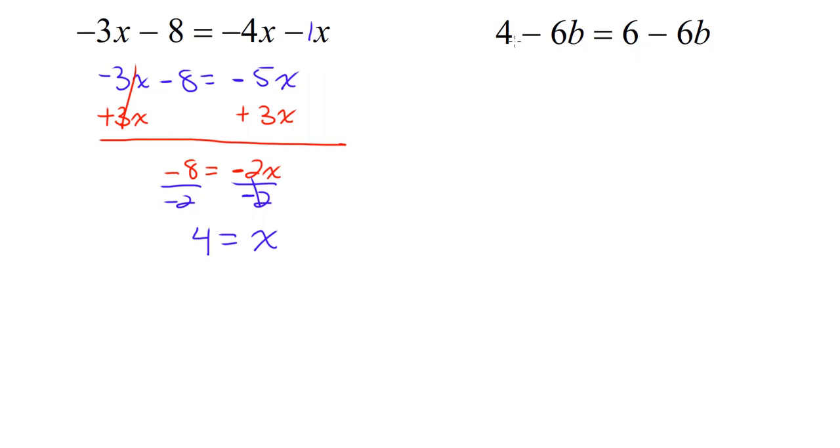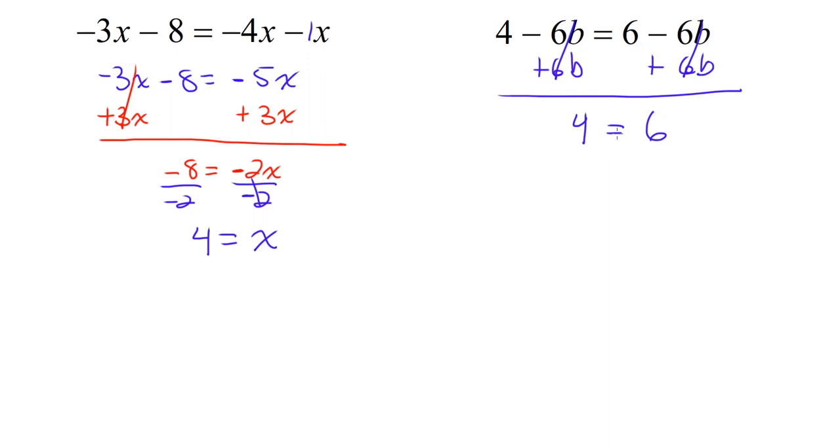Next example. 4 minus 6b equals 6 minus 6b. So I have variables on both sides. I need to eliminate them. They're both the same. So if I add 6b to both sides, let's see what happens. They cancel out here. I end up on the left side with 4 and on the right side with 6.